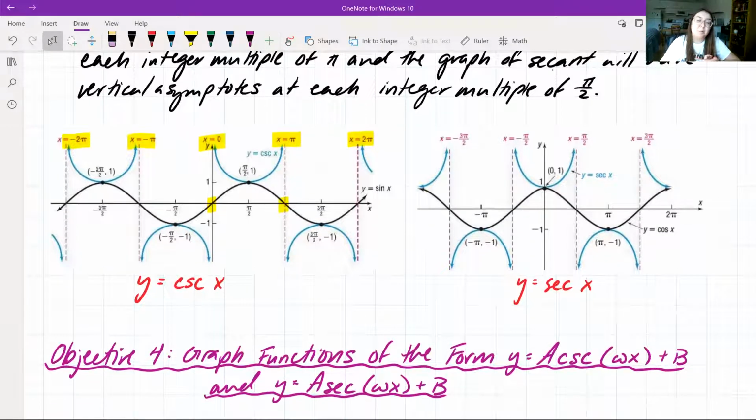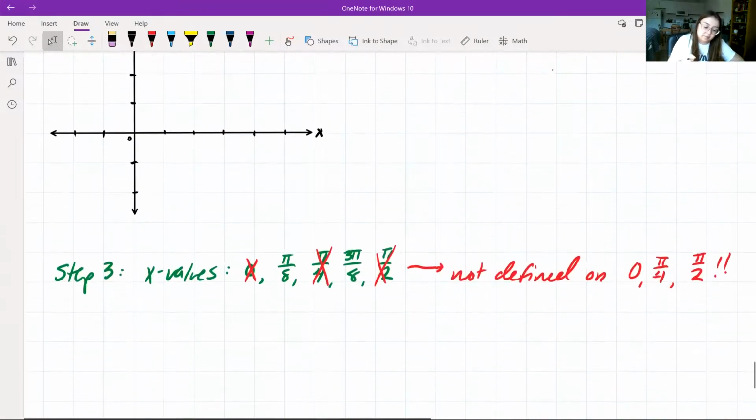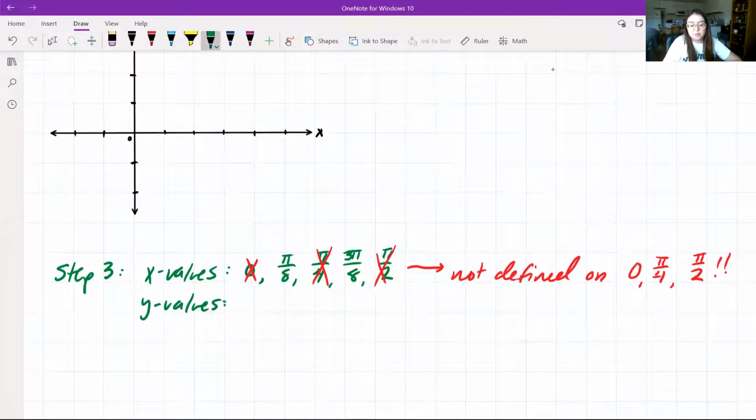And we only need 1 point. Since we know it's a parabola, we just need the minimum or maximum point. So when finding the y values, we want to use pi over 8 and 3 pi over 8. So we'll go ahead and find our y values.